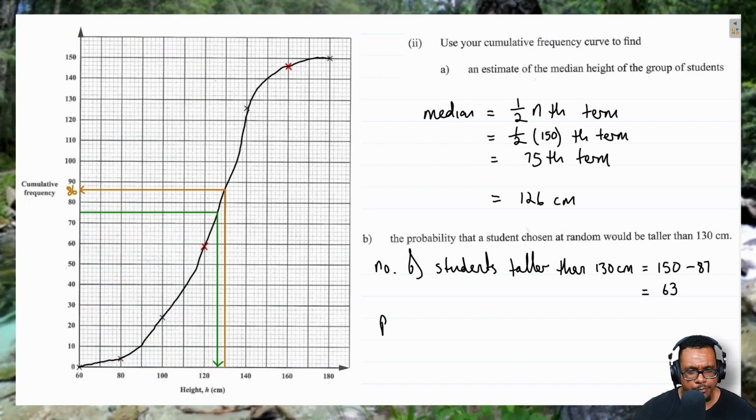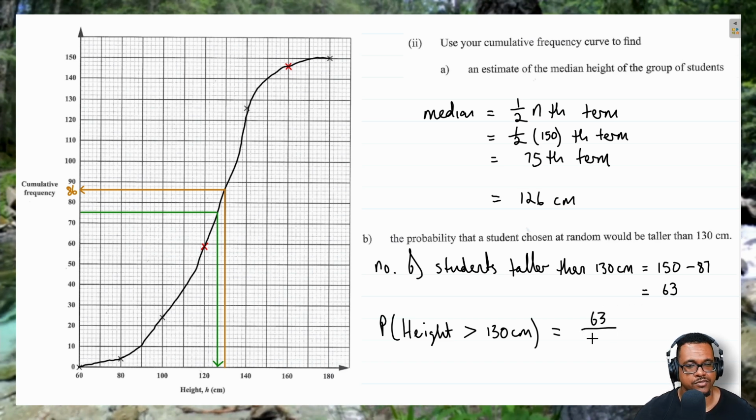So now the probability that the height would be greater than 130 centimeters will be equal to the numerator, 63, because that's the number of students who are taller than 130 centimeters, and our denominator will be the total number of students, which is 150.